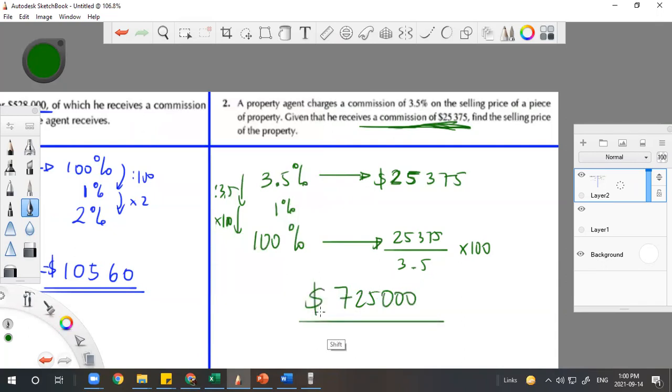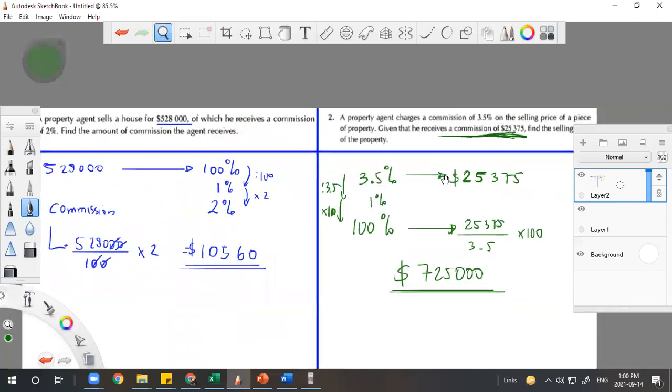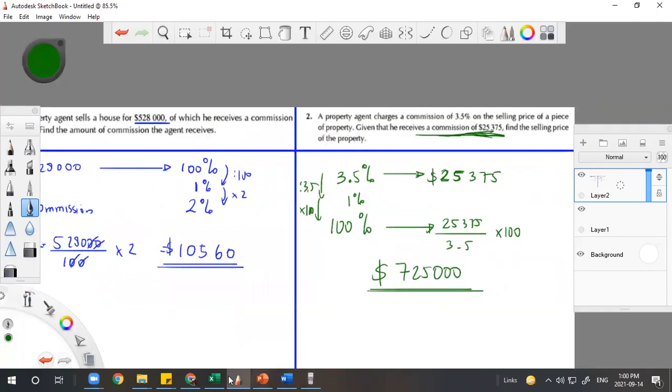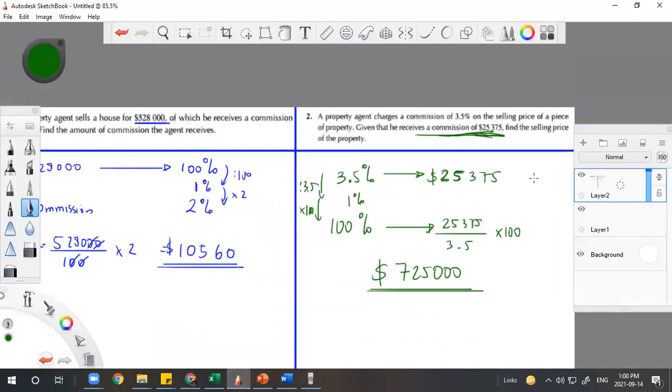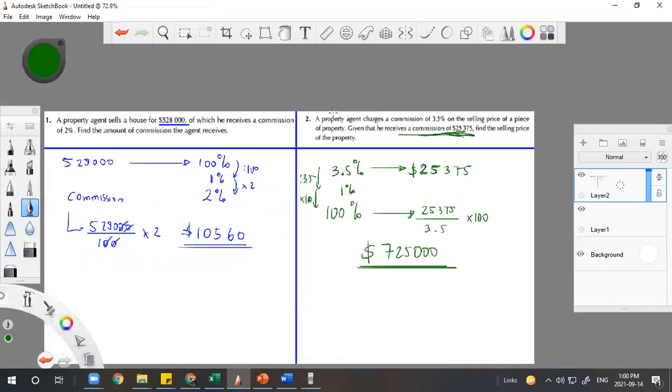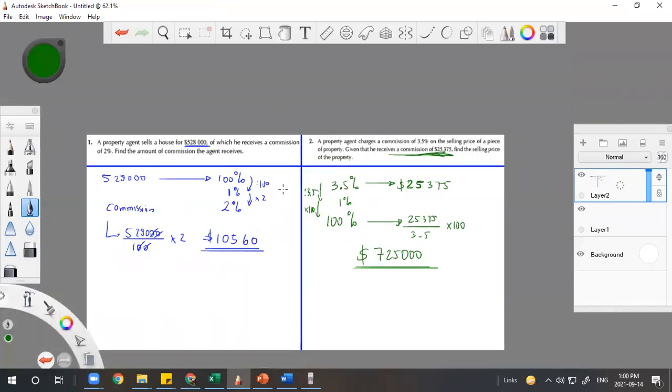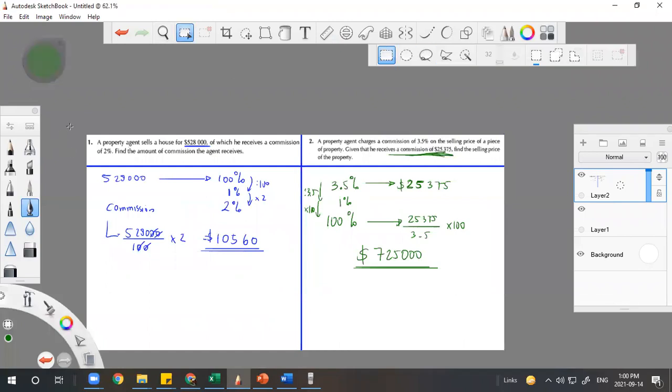So maybe this is a high class apartment, higher class than number 1. See, number 1 cuma 500. Coba lihat ya, 725,000, how many dollars? 725,000. 7.6 billion rupiah. What? I can buy a proper house rather than an apartment. Oh, property. It might be a house maybe. I don't know. But in this case, I think a house in Singapore is more than this.